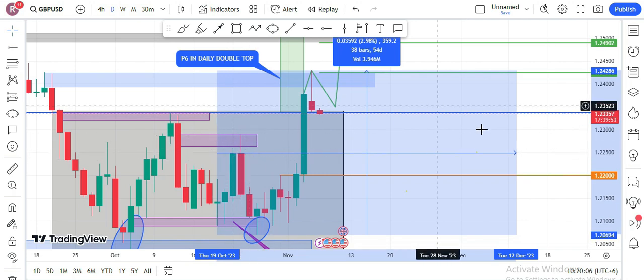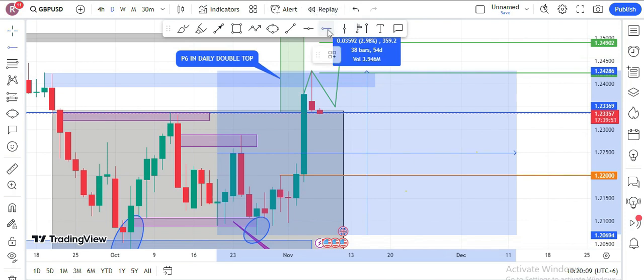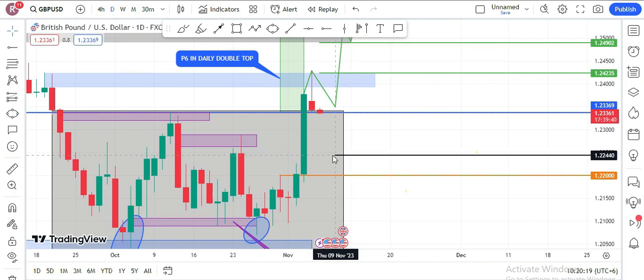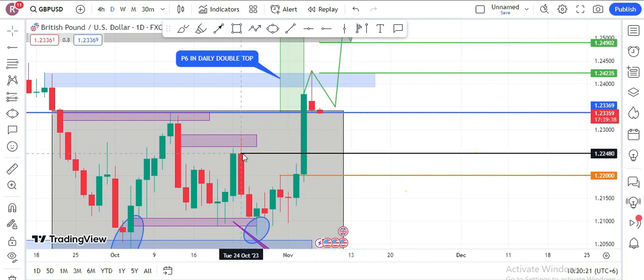So there is a very high chance that the price will get inside this, and once the price gets inside here, let's put it here.